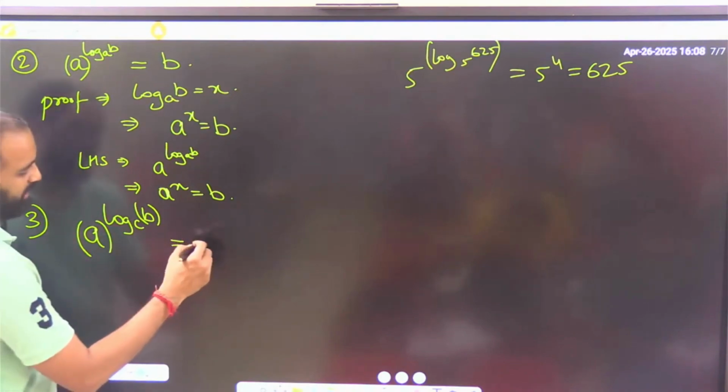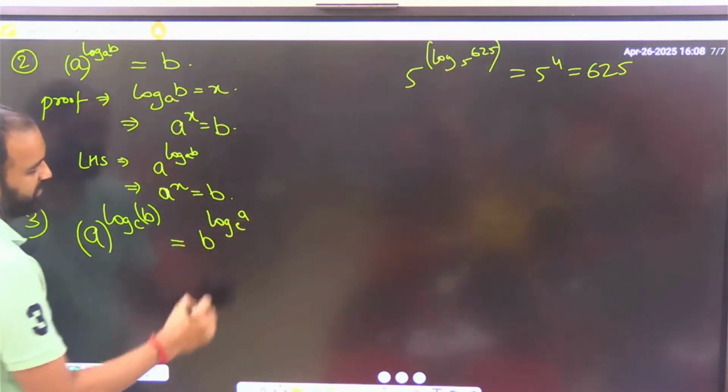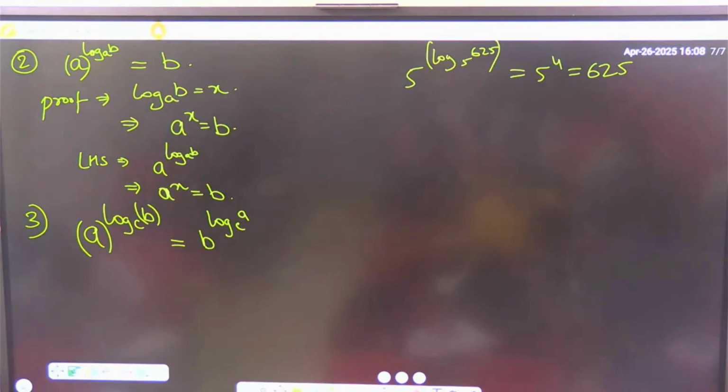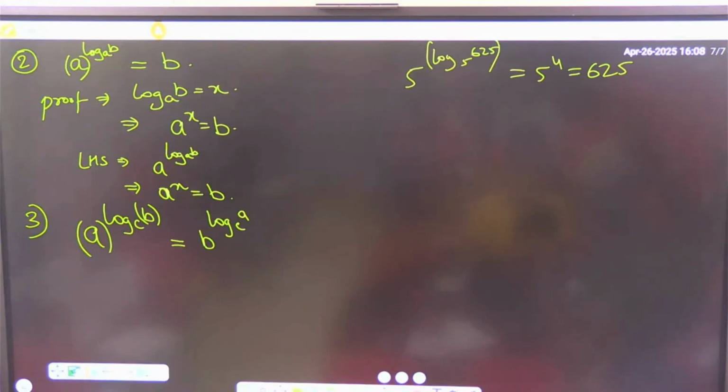So this would be like writing b to the power of log a to the base c. We can easily switch between the two.